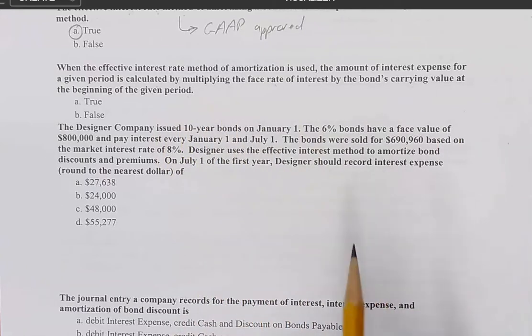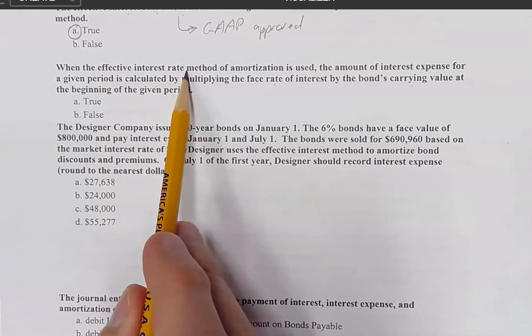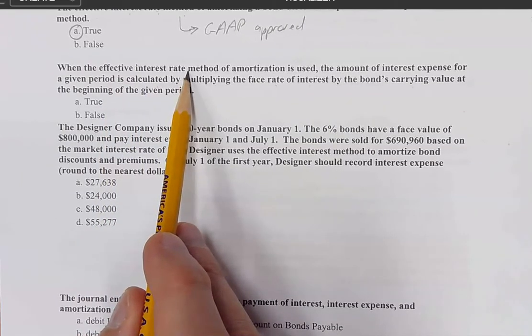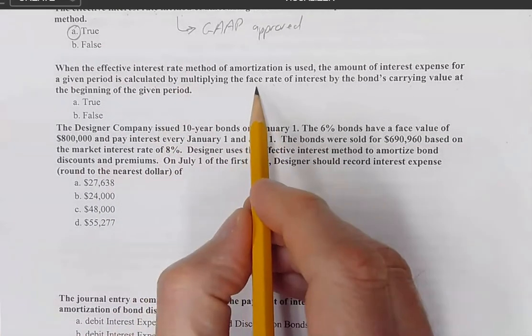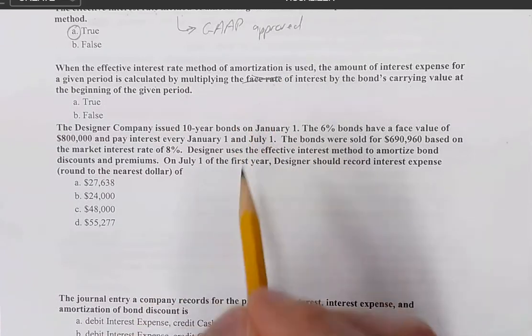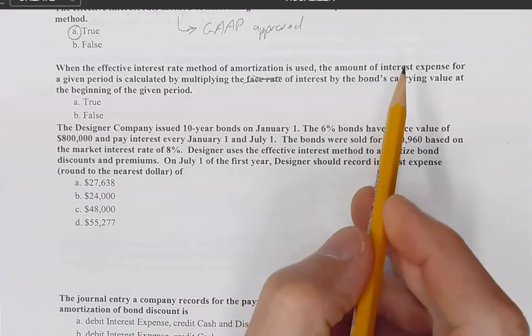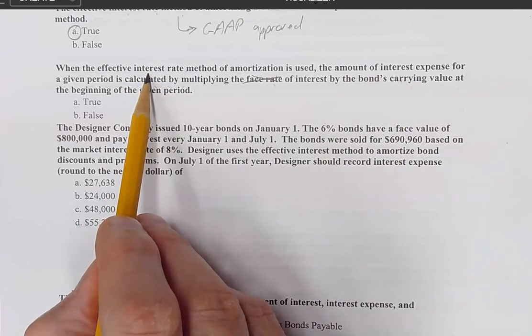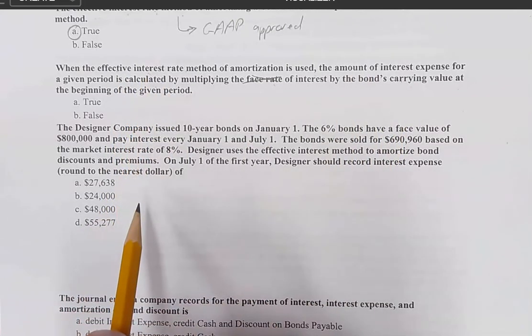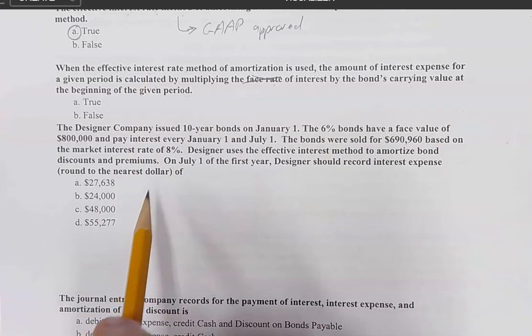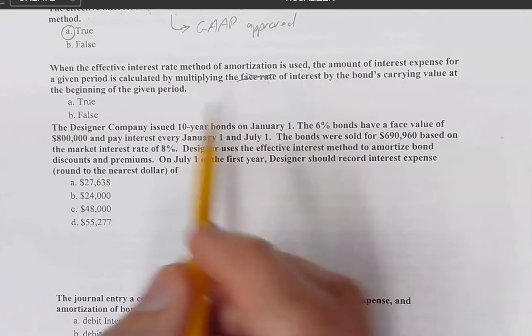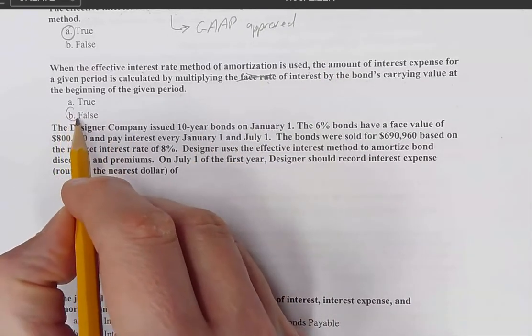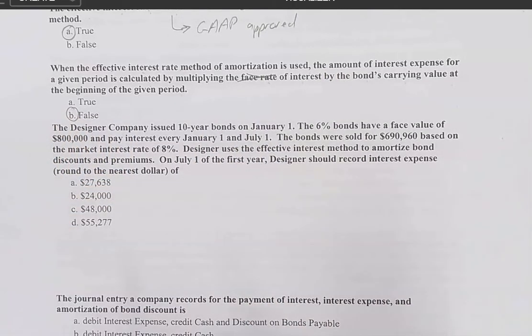Well, if we're going to use the effective interest rate, we're talking about the market rate of interest, and that is not the face rate. Okay, so this part is true. But when we use the effective interest rate method, we're going to multiply the market rate of interest times the bond's carrying amount. So this is a false statement.